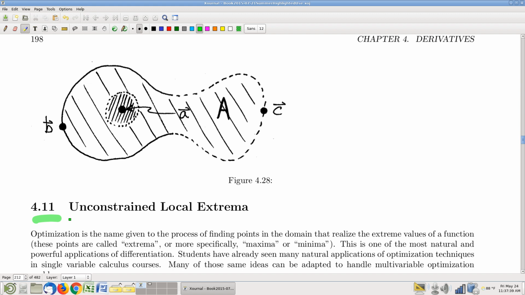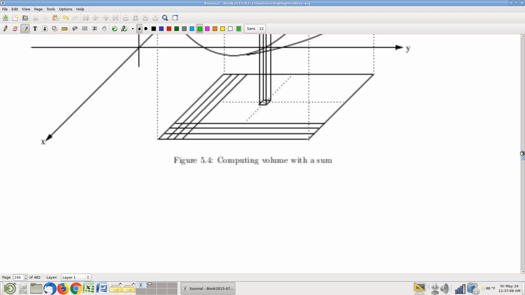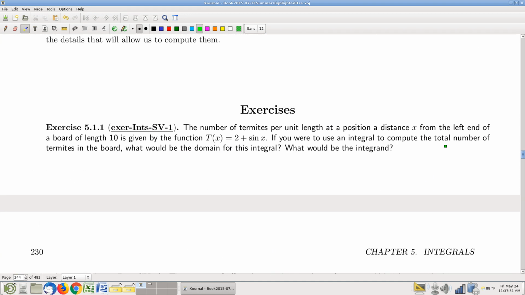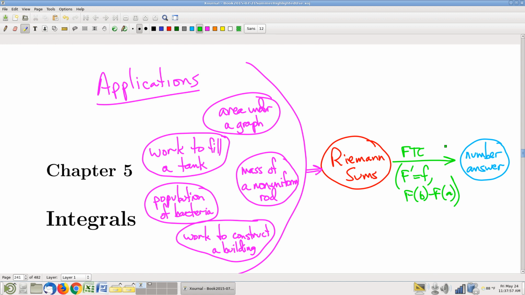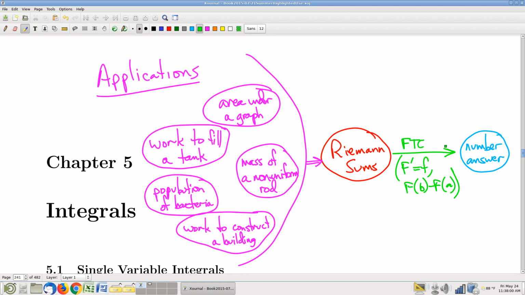I'll see what I can do about that. But anyway, we're going to come back to these 3 sections later. So for the moment, we're going to skip ahead to Chapter 5 and go from there.